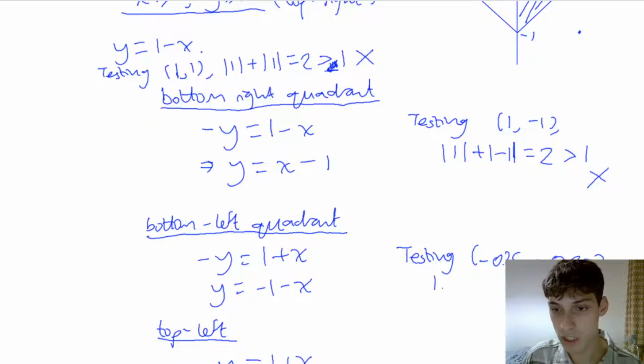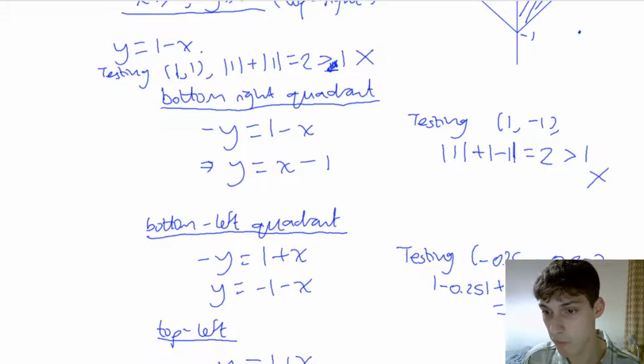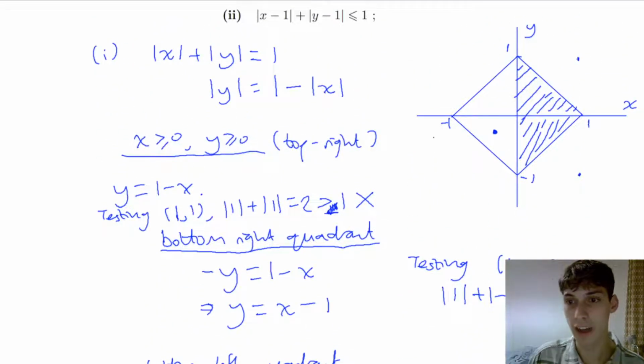We get the modulus of minus 0.25 plus modulus of minus 0.25 is equal to 0.5, because both of those are negated, they're made positive, which is less than or equal to 1. So it does satisfy the inequality. So we are completely fine to shade this bit that the point we chose lies in.